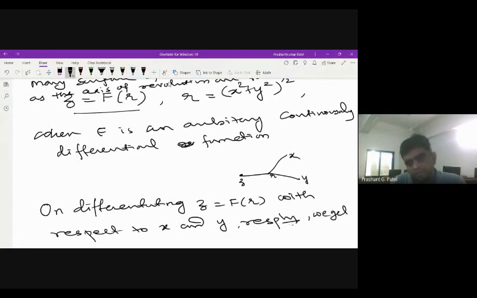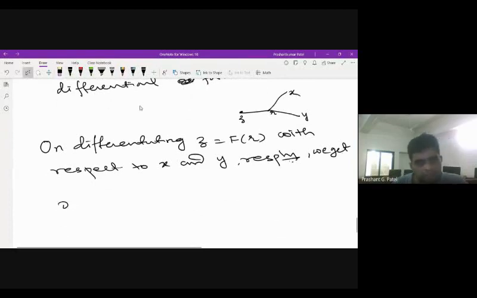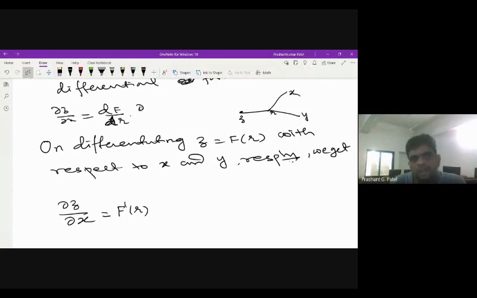we get del z by del x. As I said, z is a function of r, so it is equal to f dash of r because only one variable is there. So del z by del x is df by dr into del r by del x.